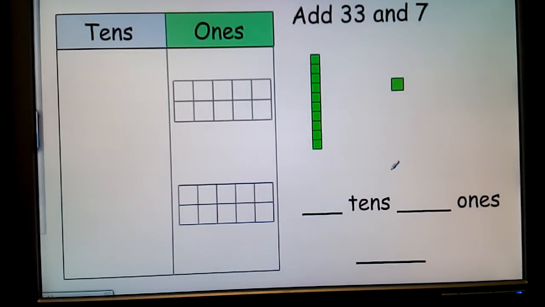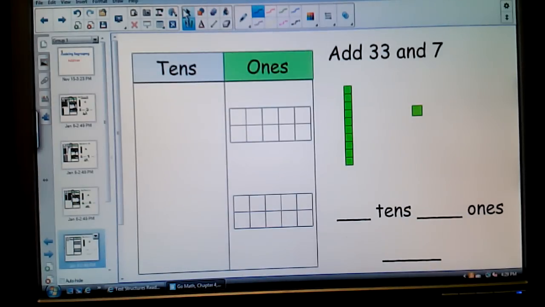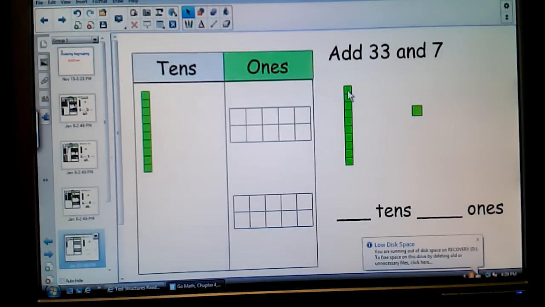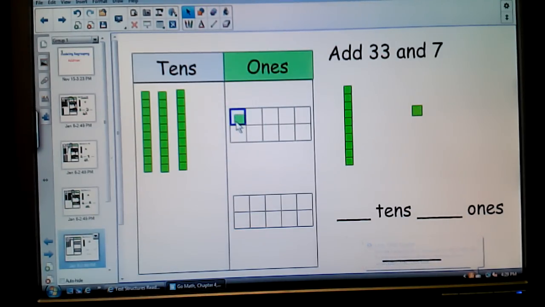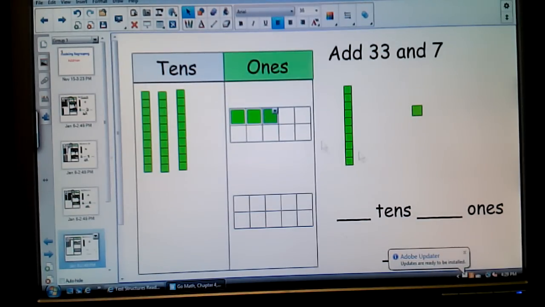Another example. This one's a little bit different because we have to do some of the building of our numbers ourselves for review. So when it says add 33 and 7, the first thing I'm going to do is make 33 with my base 10 blocks. 10, 20, 30, 31, 32, and 33.